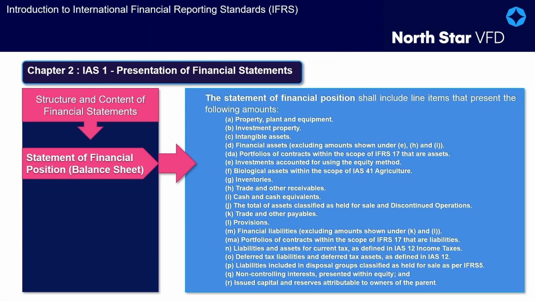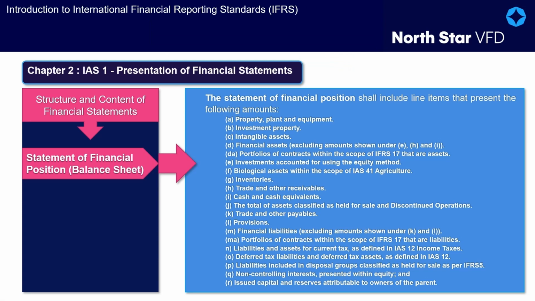Portfolios of contracts within the scope of IFRS 17 that are assets, disaggregated as required by IFRS 17. 6. Investments accounted for using the equity method. 7. Biological assets within the scope of IAS 41 Agriculture. 8. Inventories. 9. Trade and other receivables. 10. Cash and cash equivalents.